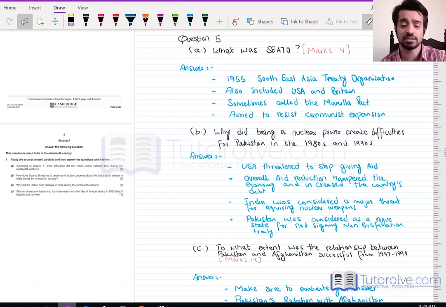The last point is that Pakistan, because of this continuous obsession to get nuclear weapons, was considered a rogue state by the international fraternity, and because of that, Pakistan during the 1980s to 1990s was not part of the Commonwealth as well, because they were taken out for not signing the nuclear non-proliferation treaty.